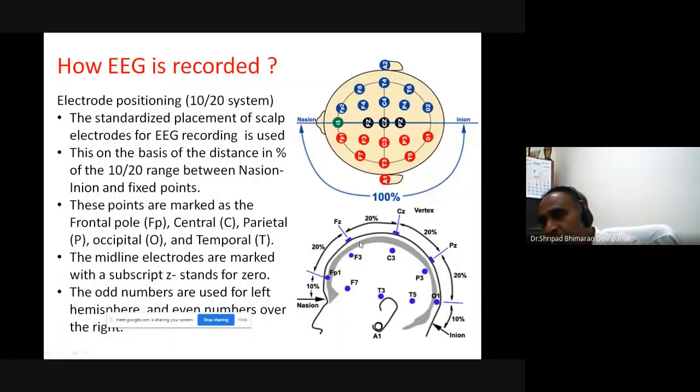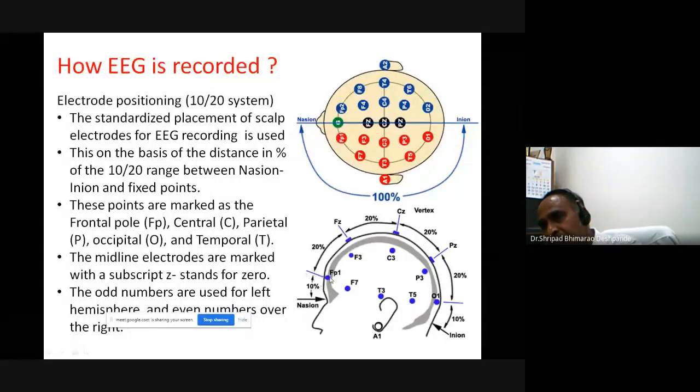And the same thing if you try to look at the sagittal view, you have the inion here, you have the nasion here, the nasal component, and this whole thing is 100%, whatever the distance is.